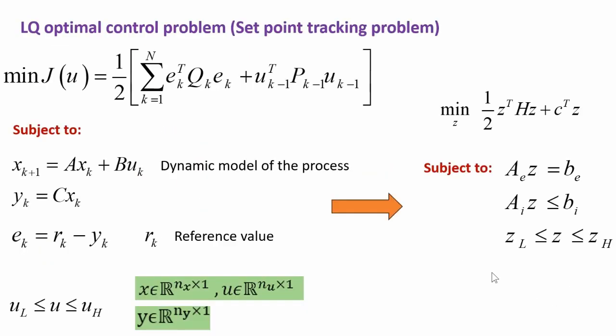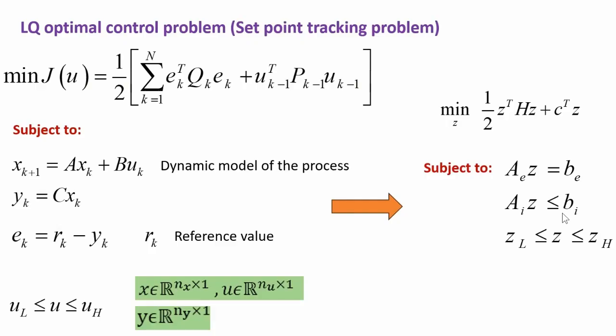The question remains, how about the inequality matrix or inequality constraints in the standard QP formulation? In our original LQ problem, which is a control problem, there is no inequality constraint, we simply have an equality constraint. Thus, when the original control problem does not have inequality constraints, the AI matrix will simply be an empty matrix, and the BI vector will simply be an empty vector.